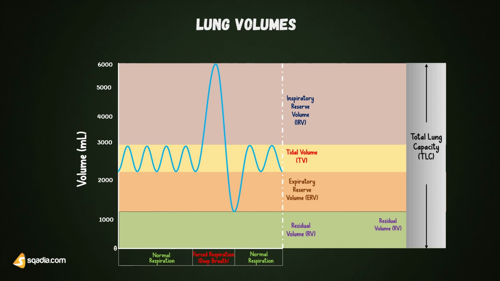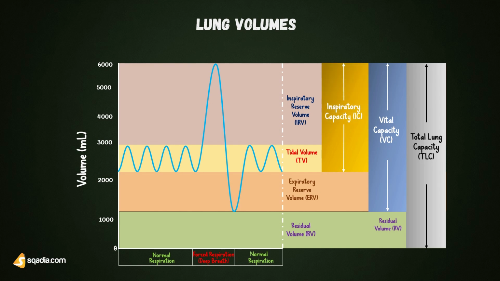The amount of air that can be inhaled and exhaled with the deepest possible breath is the vital capacity. Next up is the inspiratory capacity, which is the maximum volume of air that can be inspired after reaching the end of a normal, quiet expiration. Now, the functional residual capacity, or FRC, is the volume of the lungs at the end of a normal breath, when the respiratory muscles are relaxed.